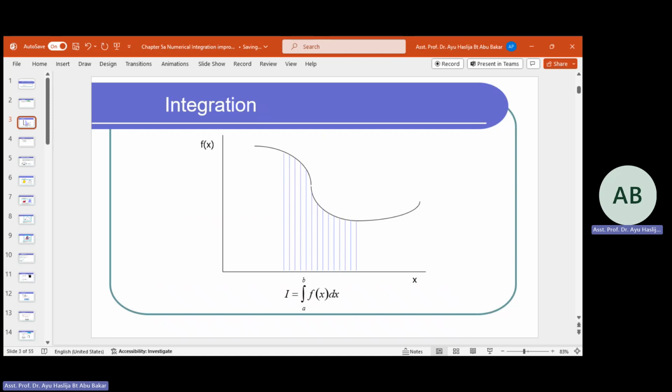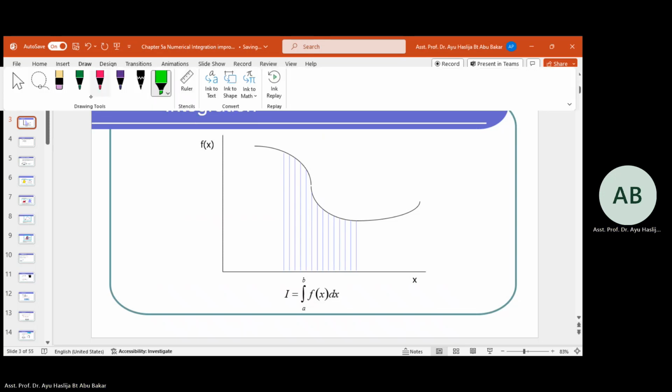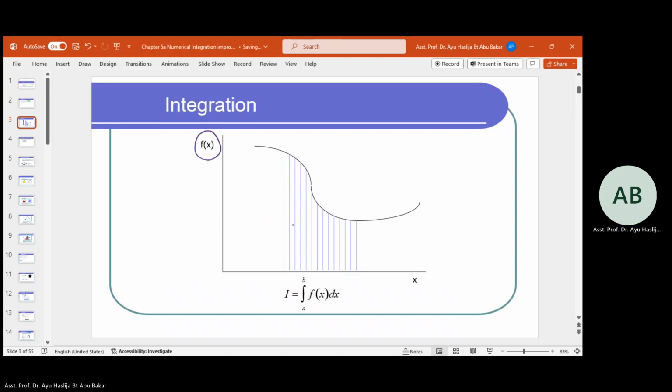identify the area under the curve. Okay, let's say you have a function of fx. So you will need to identify what is the area under the curve for this function.